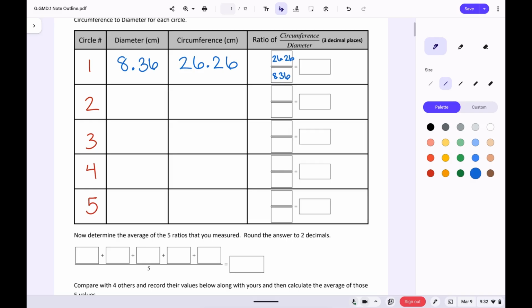Then what I want you to do is compare with the people at your table or someone next to you or behind you and see what they got for their average. See if it's similar to what you got or if it's super different. Okay, so take like 2 more minutes to go ahead and do that. Do your average and then talk to each other for a minute.